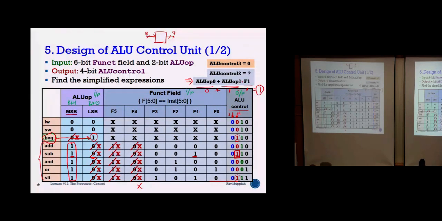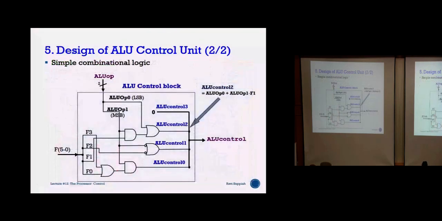So this is your reduction table. Eventually, this is the design of the ALU control block. Just to give you a sense of how the relationship comes: if you look at this, ALU op 0 plus ALU op 1 dot F1, where does this come from? This is your ALU control 2, which is this.